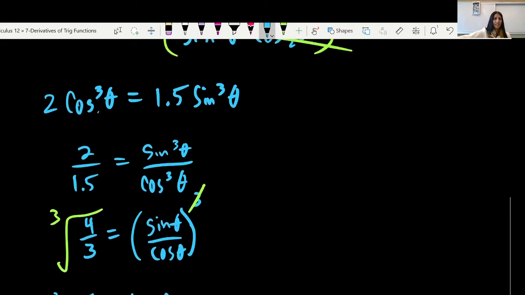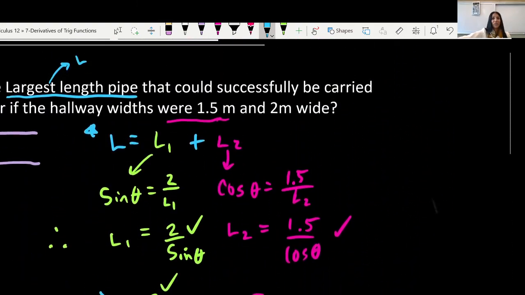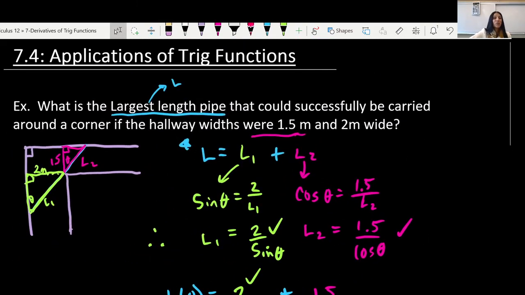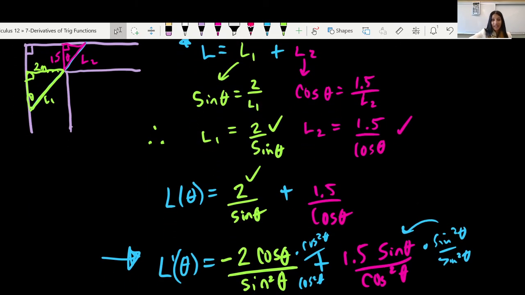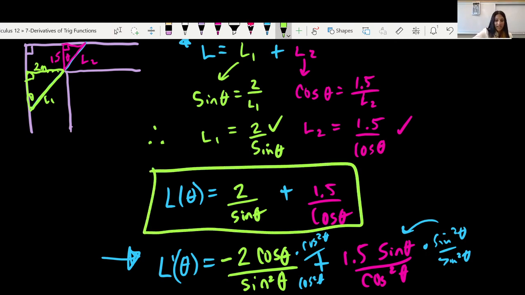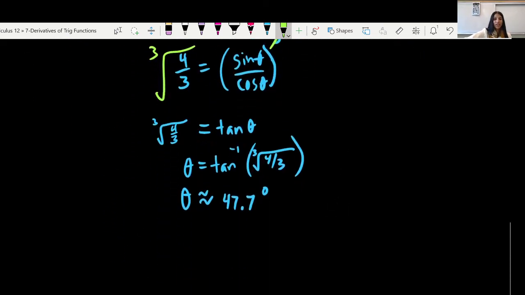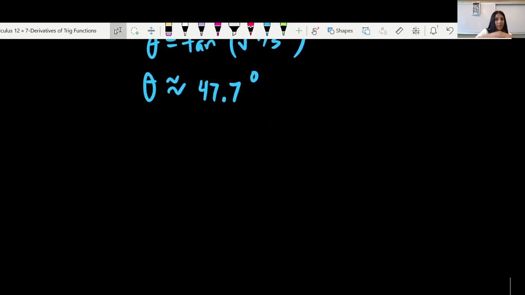Okay, so see the potential for getting lost and not even knowing what on earth we were looking for. We were looking for L1 and L2, and I have a lovely equation here where I have this in terms of sine theta and cos theta. So I can use that equation and use what I just found for my theta.